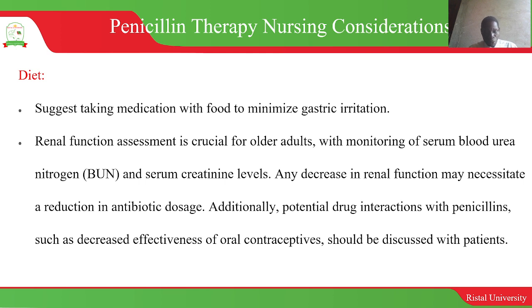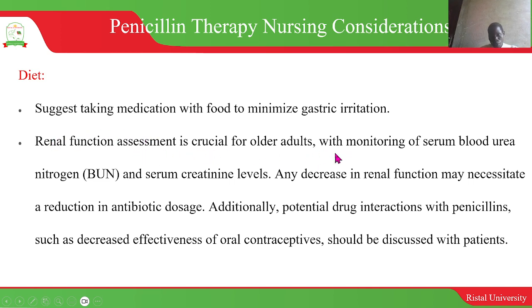Renal function assessment is crucial for older adults, with monitoring of serum blood urea nitrogen and serum creatinine levels. So we said always we are supposed to be monitoring this for all the patients that we have put on these penicillins.